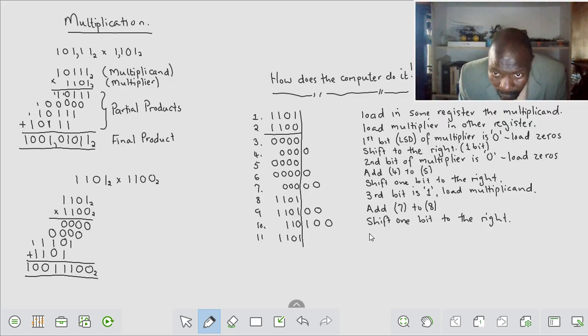So we load, this is the fourth bit of the multiplier, and it is 1. So load the multiplicand.